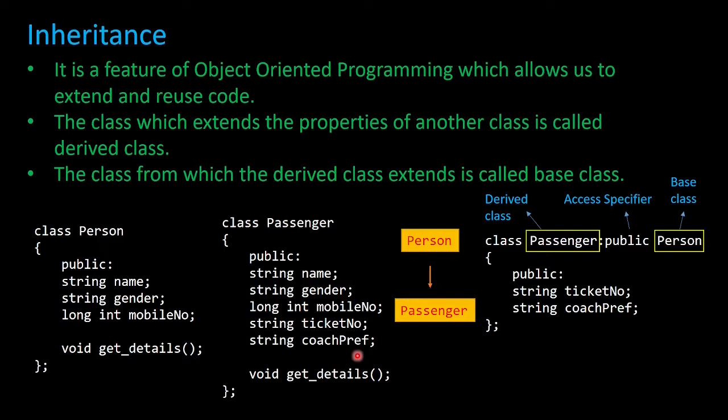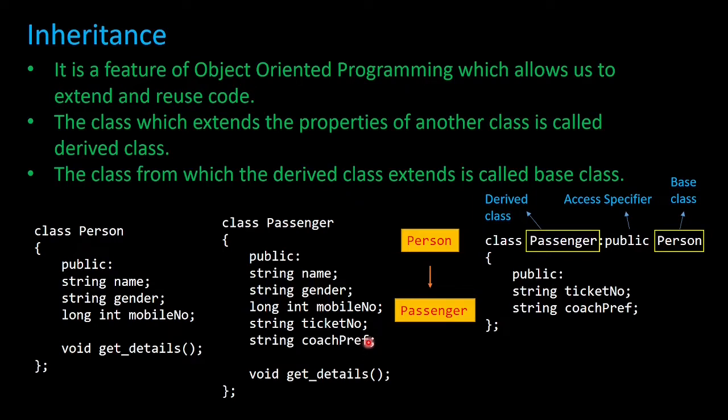Now we can notice that class passenger has member variables including the member variables of the class person, and it also has its own member variables, mainly string ticket number and string coach preference.